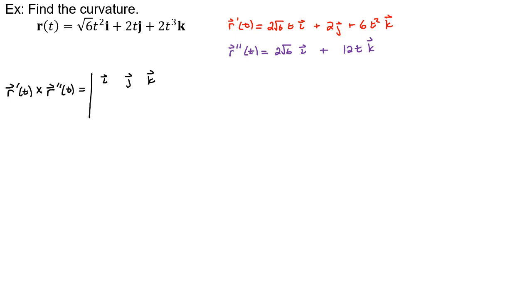And then I'll do the 2 root 6 t, left the t off there for a minute, a 2, and then a 6t squared. And then on the last line, I'll have a 2 root 6. Oh, sorry, I put the 0 on the wrong one, didn't I? This one's not 0. That one is 2 because there's a 2 in front of the j on that one. There's a 0 on the second one, and then a 12t.